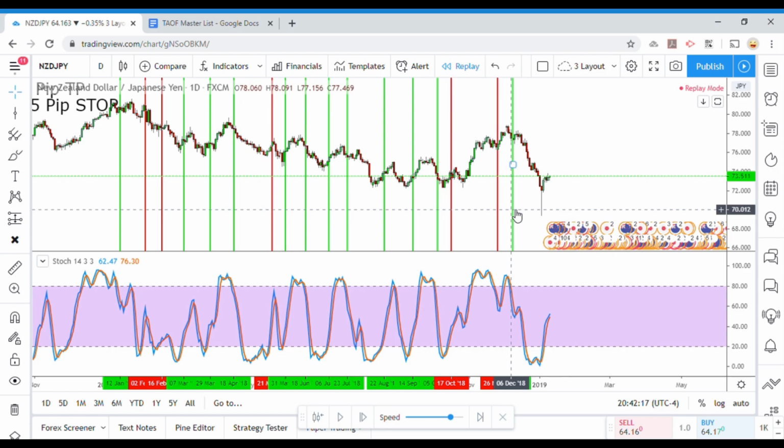So, yeah, my conclusion on the stochastic is that it seems to do pretty well. You know, it is similar to how my trading system is set up.